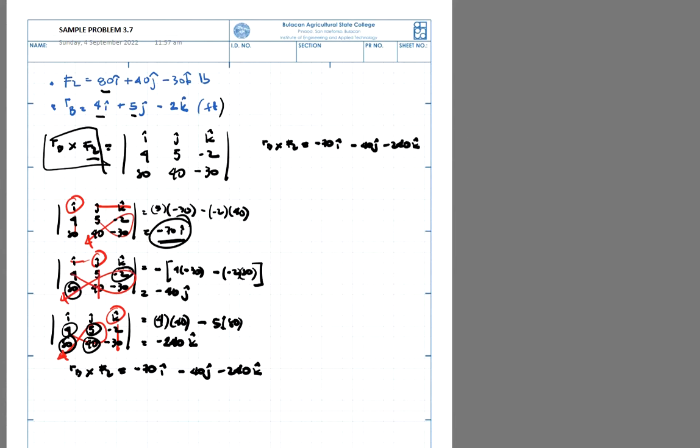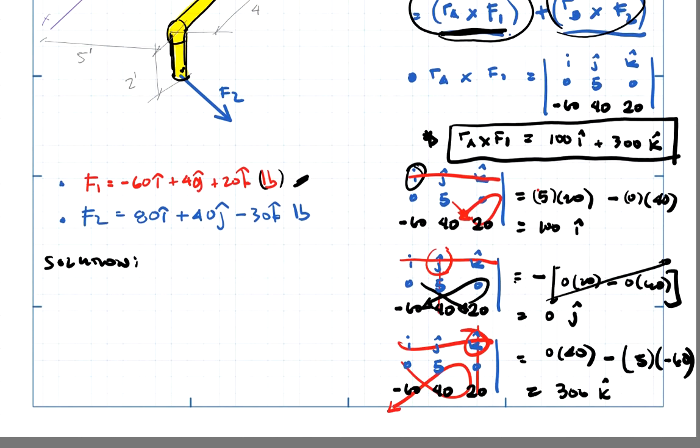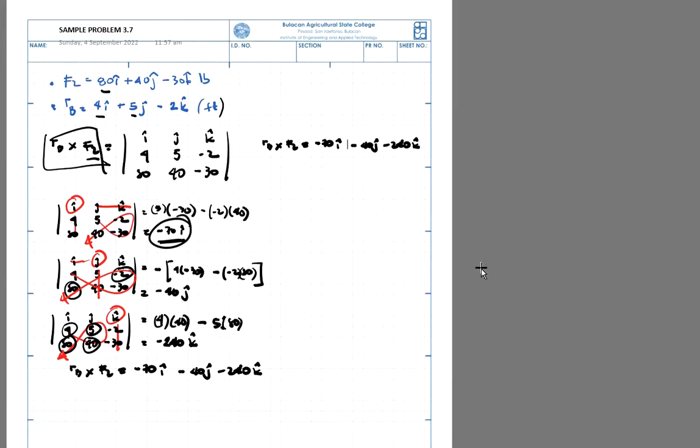Okay, but first let me copy our RA cross F1. So let me copy this and paste it here.